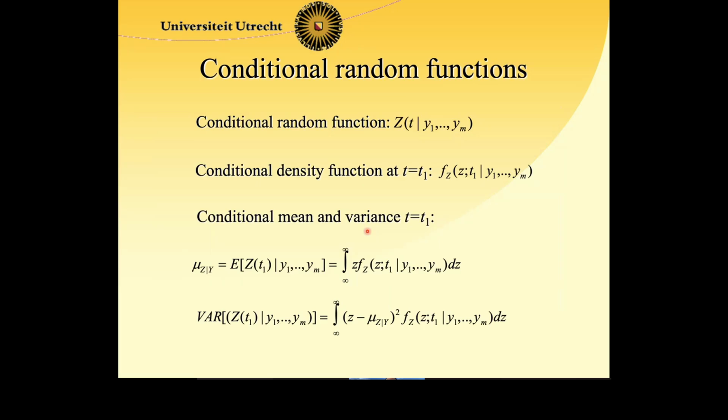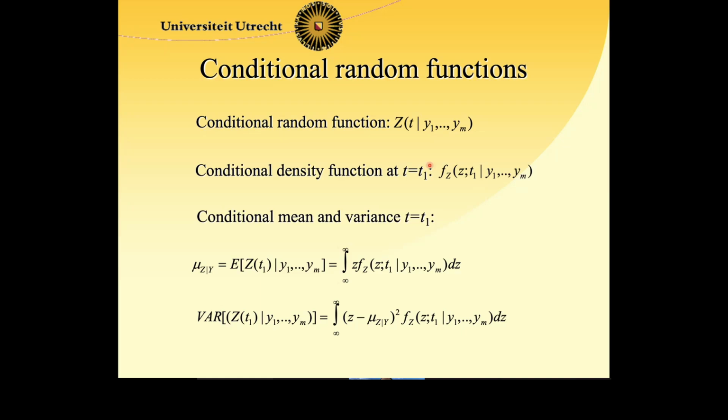Now, if you have a conditional realization, a conditional random function, sorry, then this is usually portrayed as Z at T, given that we have observations at n different locations. Then, of course, we also have a conditional density function, which is the probability density of Z at T1, given the observations that we have.